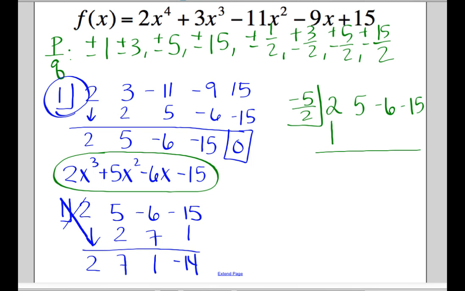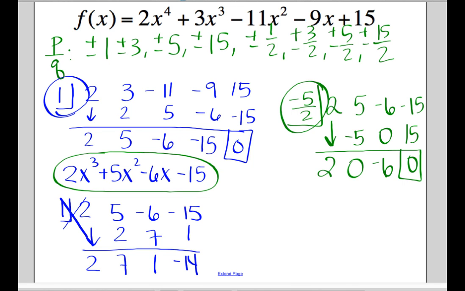So now let's go through our synthetic division. Drop down the 2. 2 times negative 5/2 is negative 5. 0, 0, negative 6. Negative 6 times negative 5/2, that actually becomes positive 15, and it looks like that one works. So now we have another 0, x equals negative 5/2.